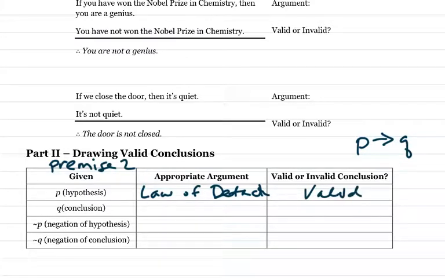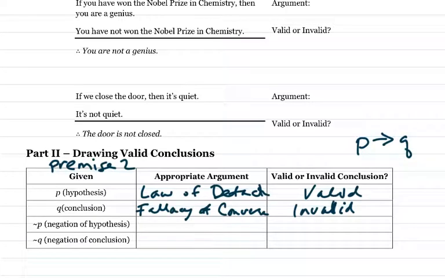If I'm starting with if P then Q and I'm given Q as my premise 2, that's going to be our fallacy of the converse, and that's going to be invalid. So this is kind of just wrapping up this general idea of what we're looking for as our second premise.